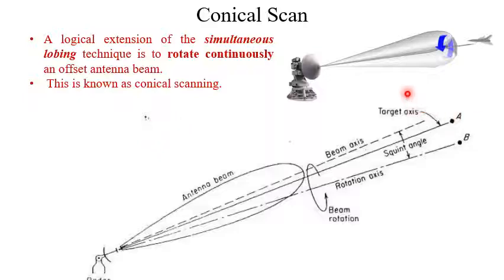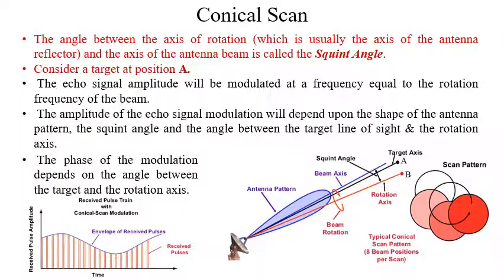If we place a screen right here, it will produce a circle like this. The tip of this antenna beam will produce a circle like this, and at the midpoint it is B. The angle between the axis of rotation B and the axis of the antenna beam is the squint angle.